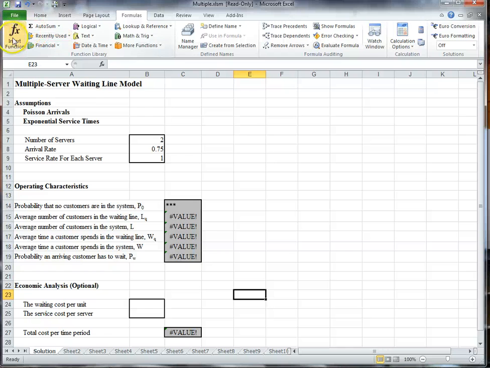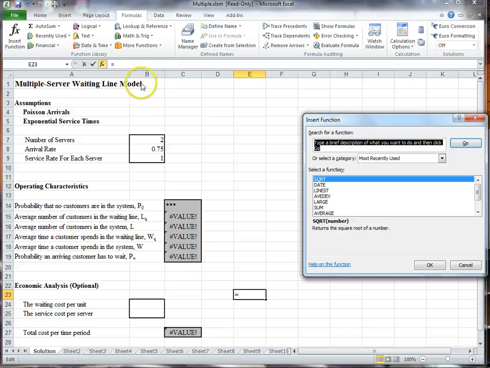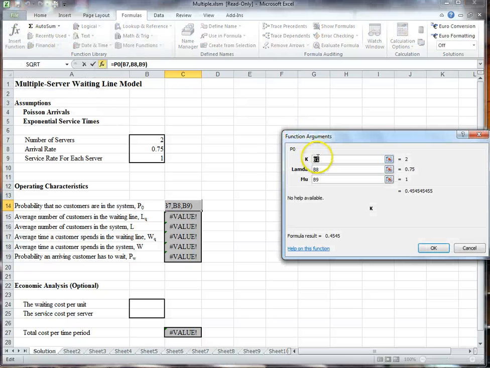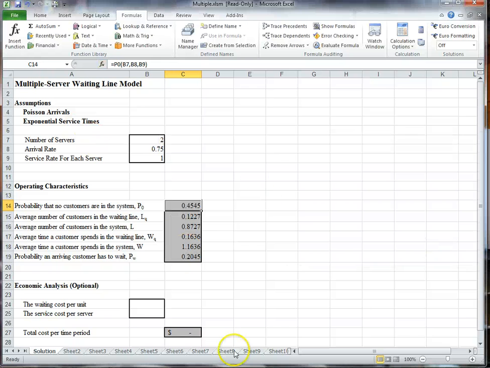If in your system it didn't work, I have to click here on P0 fx. That's the 2 here, and click OK, and now I got those values. Now I can change this. So if my waiting cost is 6 and cost per server is 7, my cost is 1947.